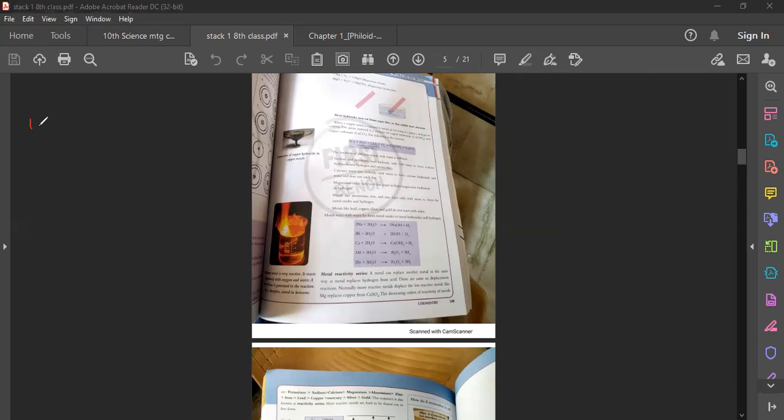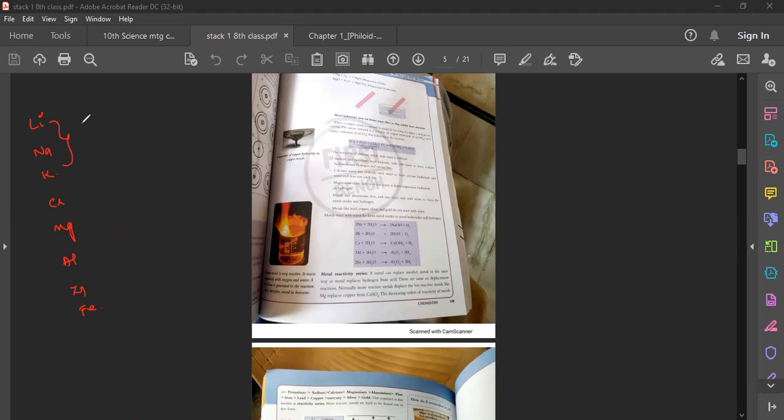If you take lithium, sodium, potassium, the next ones are calcium, magnesium, aluminum, zinc, iron, like this. In this series, the starting elements are very reactive.